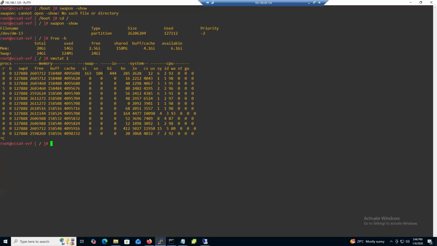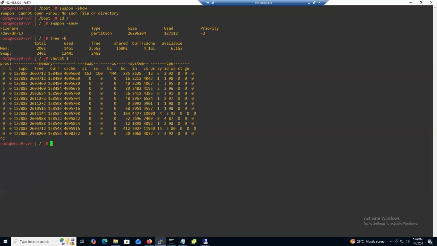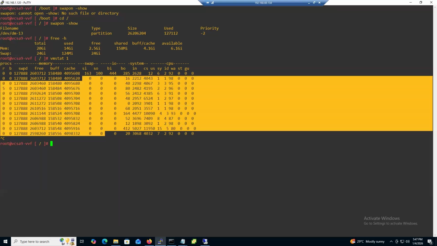After the initial command, see here, SI and SO are completely 0, 0, 0, 0, which states that no swap in and swap out activity is happening on this vCenter currently. Initially, when I executed this command, the memory spiked and caused this swap in, swap out. But after that, swap in and swap out are completely zero.